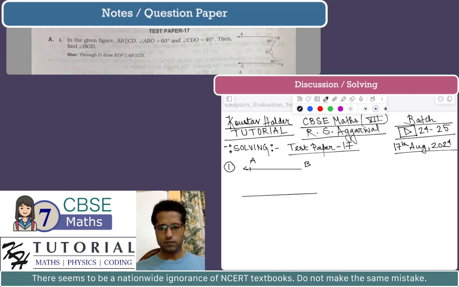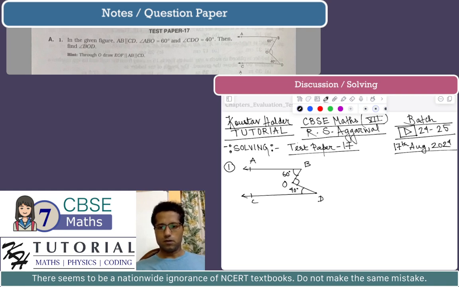So we have another line CD, and there is a point O in between the parallel lines, and OB is joined and OD is joined, and the angles given are angle ABO, this angle is given to be 60 degree, and angle CDO, this angle is given to be 40 degree, and we have to find angle BOD.